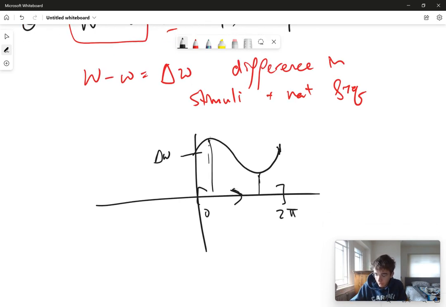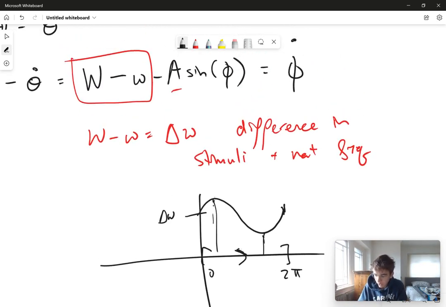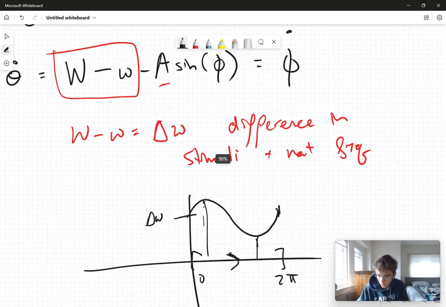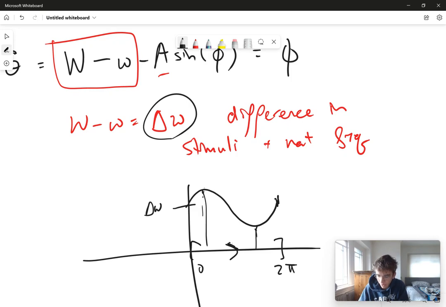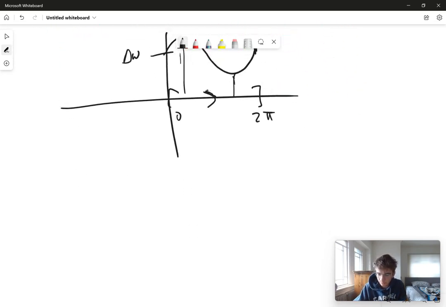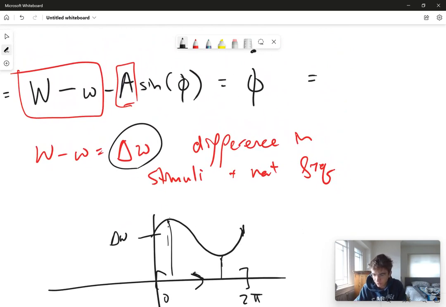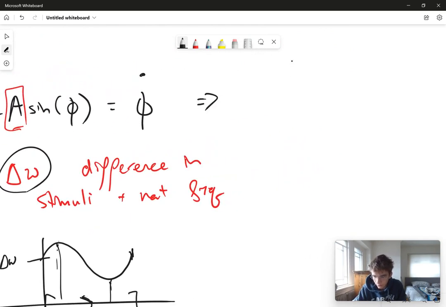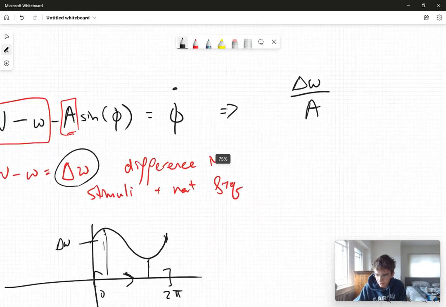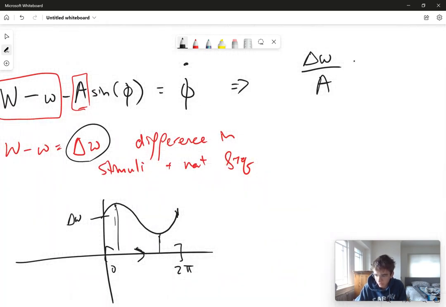And then if we have a small enough delta omega here, or say that A grows large enough, so the fireflies are very adaptive to the signal and very good at entraining themselves to it, essentially, if we really wanted to do the analysis, we could say delta omega over A. If this number is greater than 1, we have this case.